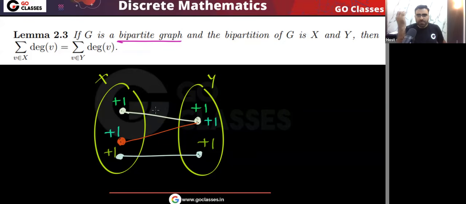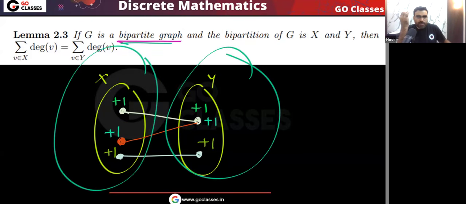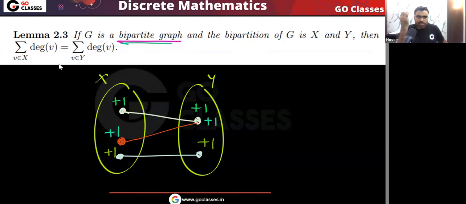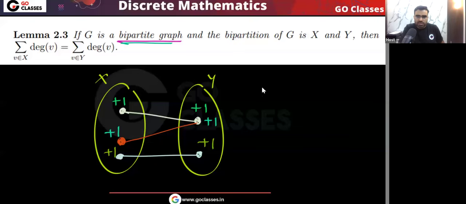So what I'm saying is, whatever edge you put, because this is a bipartite graph, every edge will have one endpoint in X and another endpoint in Y. So because of every edge, the total degree of this part will increase by 1, and the total degree of this part will increase by 1. So finally I can say the total degree of this part and the total degree of this part will always be equal. Yes or no? Is this clear?